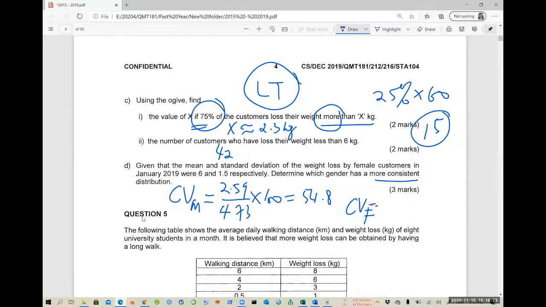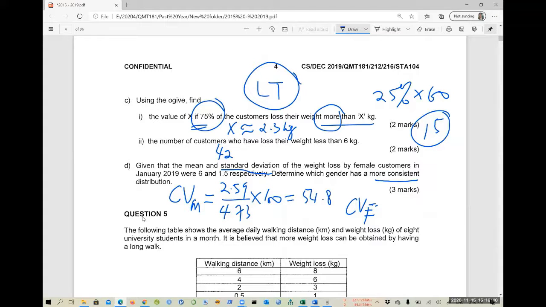So the same thing. So you have the female customer, the mean and standard deviation. Okay, remember, make sure that this is standard deviation. If it's given in the form of variance, you have to take the square root. So this one is already in standard deviation.